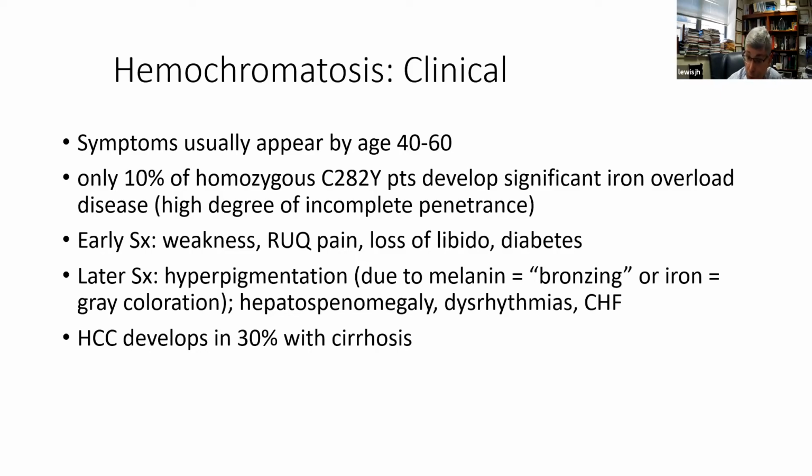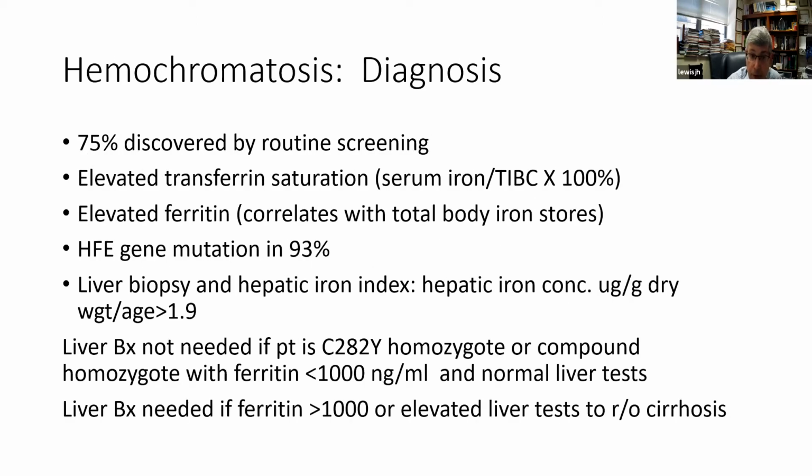And if you've got cirrhosis already, you've got one of the highest risks of liver cancer from hemochromatosis. Over 3/4 of these patients are diagnosed simply by routine screening, having a high ferritin, and you get worked up. The HFE gene mutations are, as I said, only seen in about 93%. The other 7% have those other conditions.